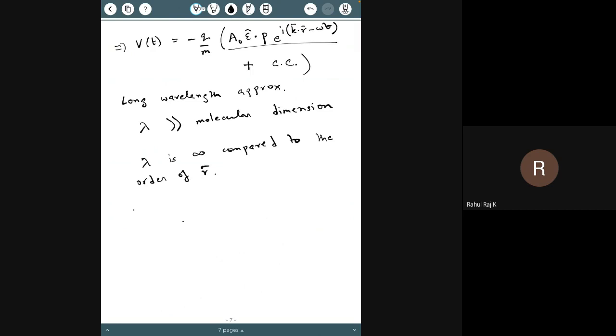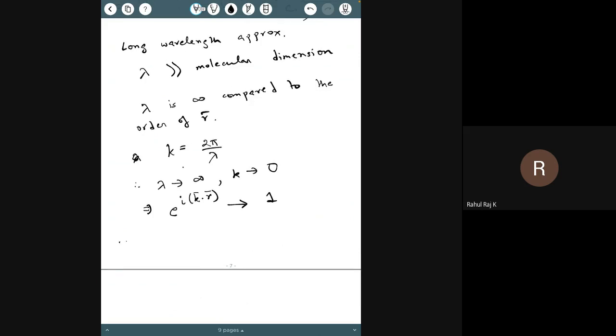So k is equal to 2 pi by lambda, right? Therefore, if lambda tends to infinity, k tends to 0, which implies that e to the power i k dot r tends to 1. Fine.